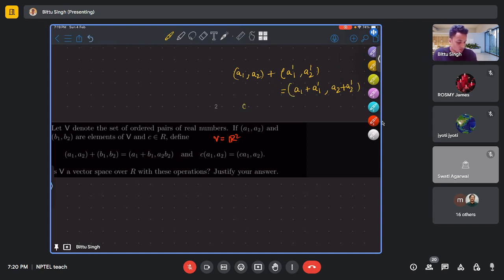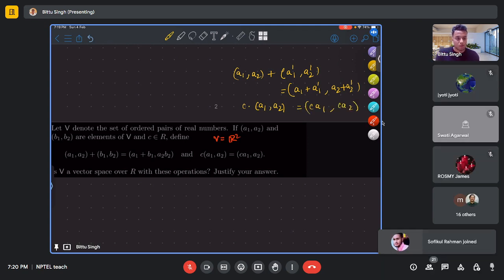And similarly C times A1, A2 is same as C times A1, C times A2. You can check that all the properties are satisfied by those addition and multiplication. Therefore, this is a vector space.